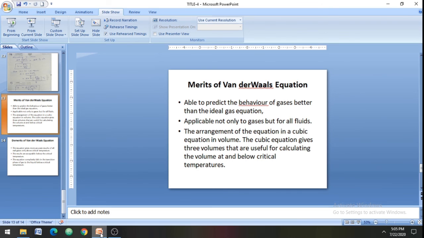So we can apply it to all states of aggregation. The arrangement of the equation is a cubic equation in volume. It gives 3 volumes that are useful for calculating the volume at and below critical temperature. These are the merits of the van der Waals equation.